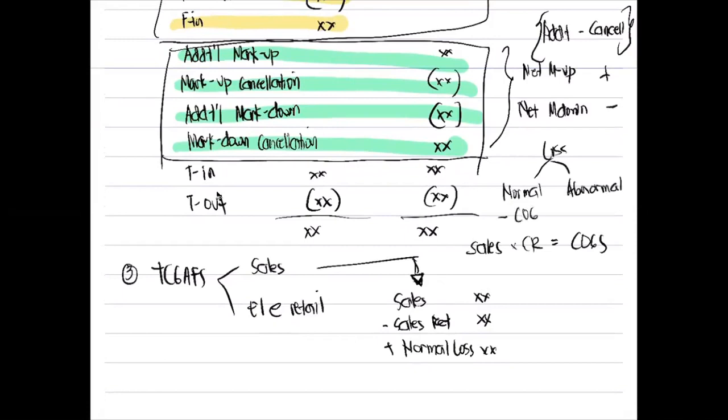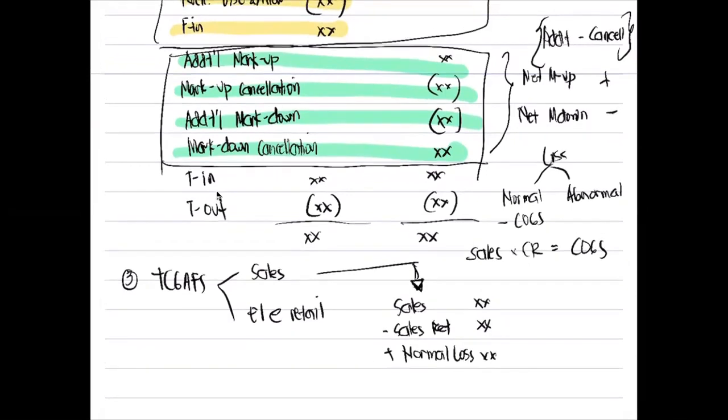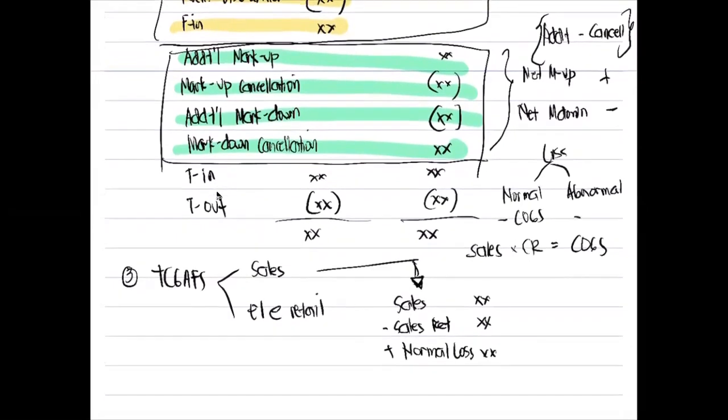A normal loss is an item of cost of goods sold. An abnormal loss is an item of our operating expenses. So to include the normal loss in our cost of goods sold, we add it to your sales. So in case you are given a normal loss, whatever type of loss it is, so long as it is normal, add it to your sales.